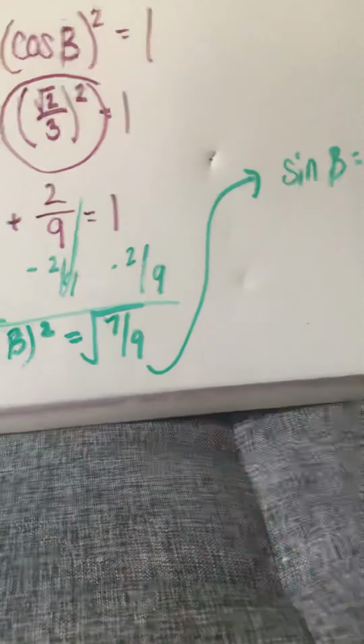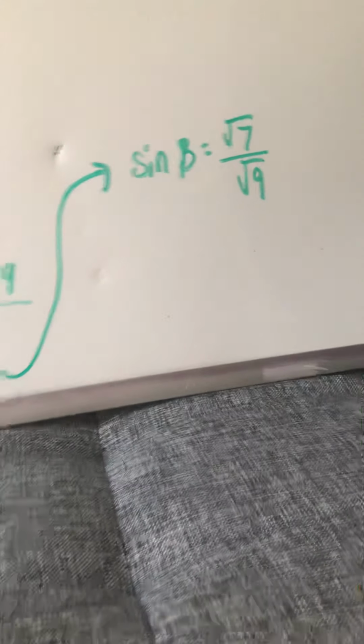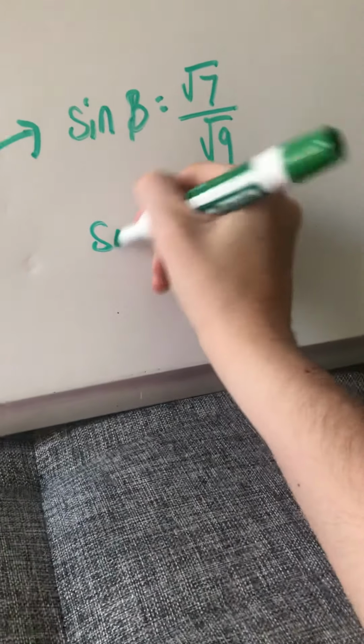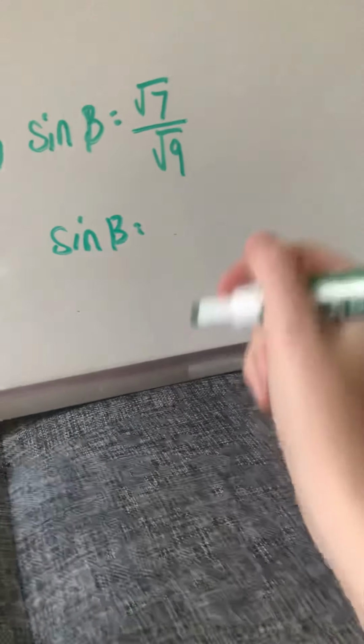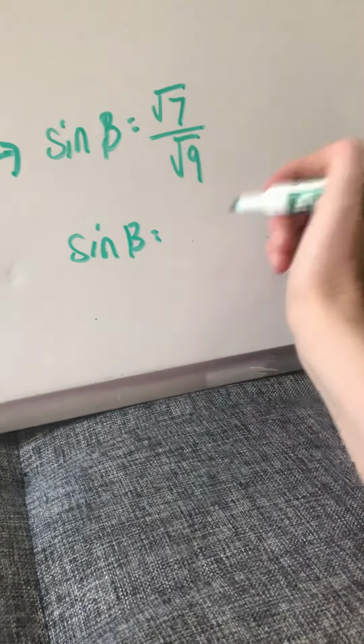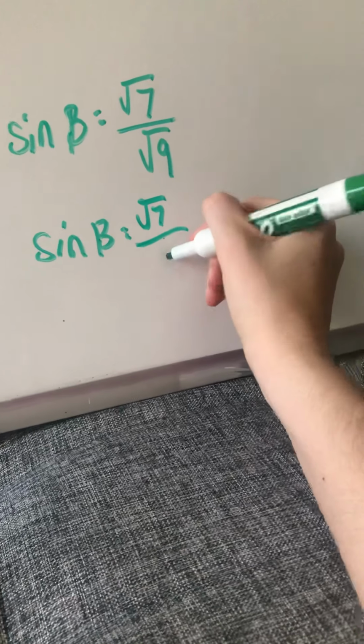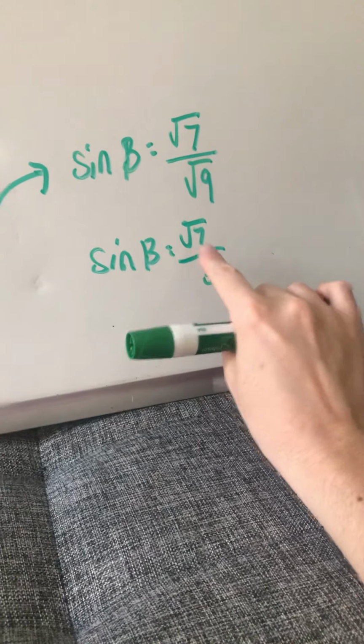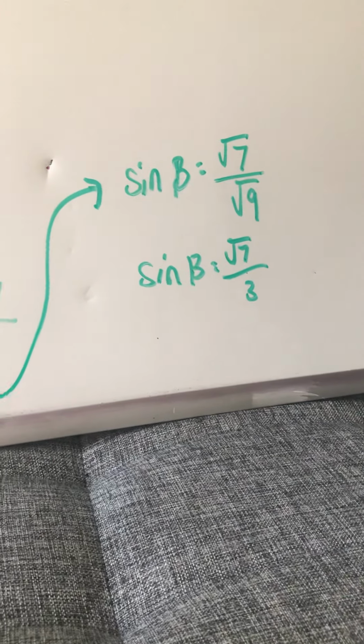Both of those values are underneath the square root. The square root of 7, I unfortunately cannot do anything with, but for the square root of 9, I can reduce that to 3. So my final answer here is the square root of 7 divided by 3.